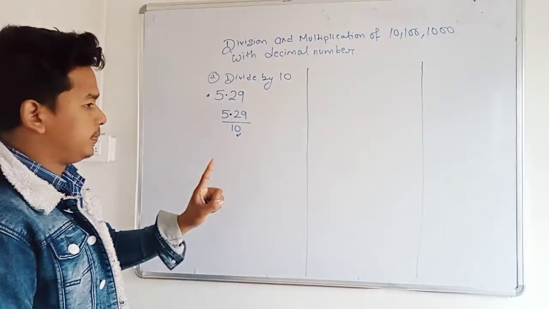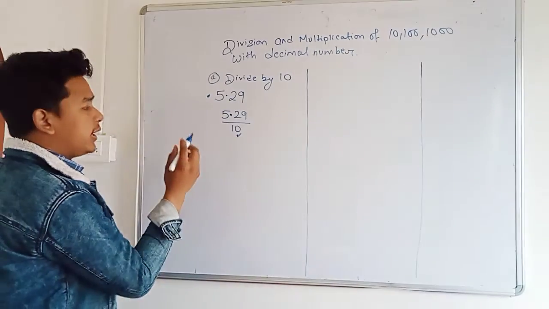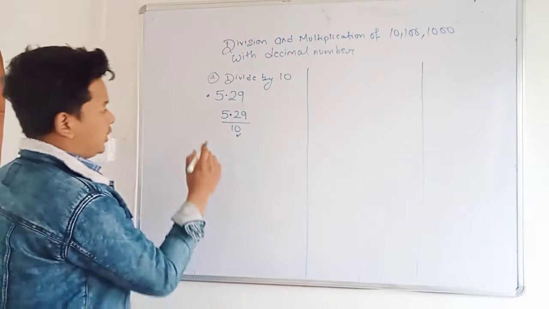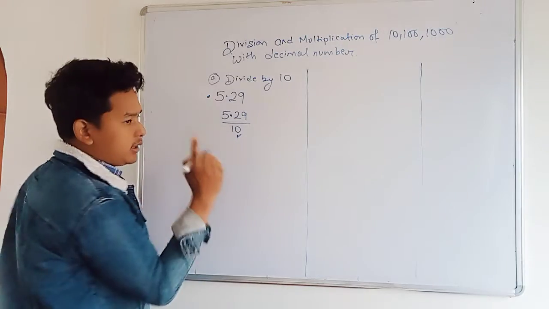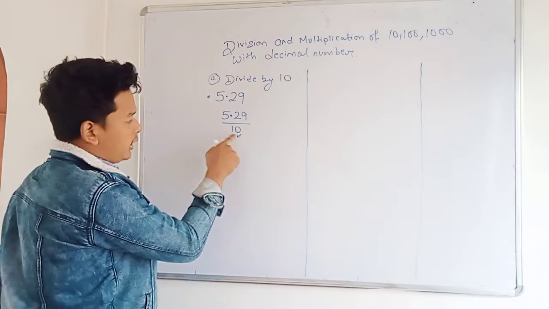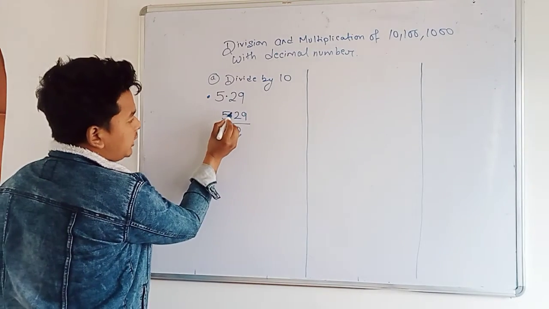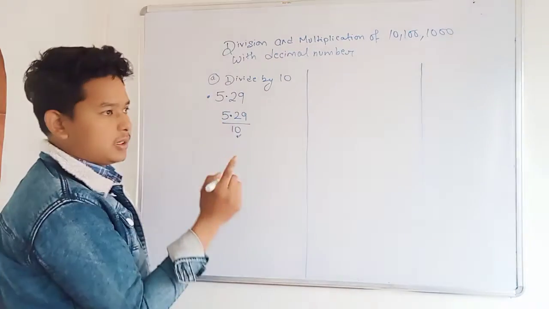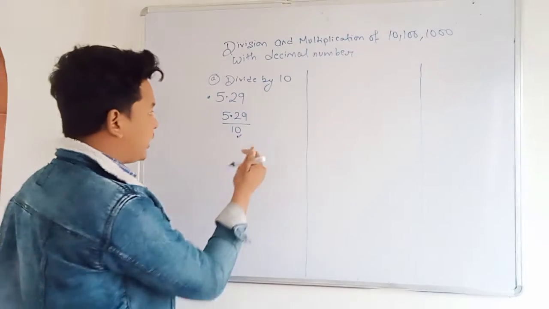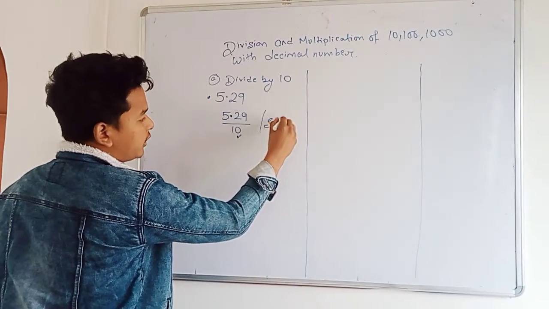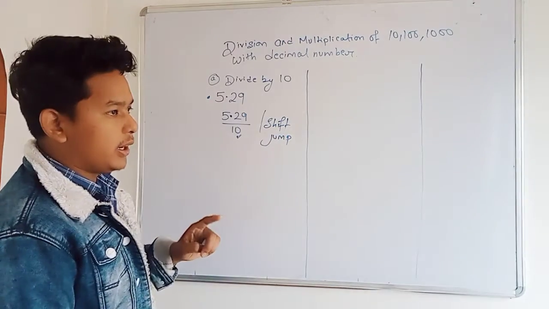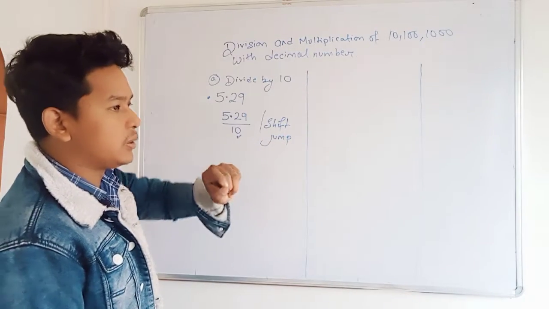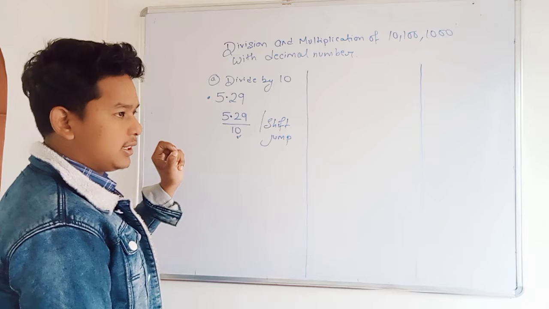So you can write in the note that whenever there is only one zero in the denominator, with 1 meaning 10, the decimal jumps. The decimal shifts also you can write. Either you can write shift or you can write jump. The decimal point jumps or shifts to the left hand side.